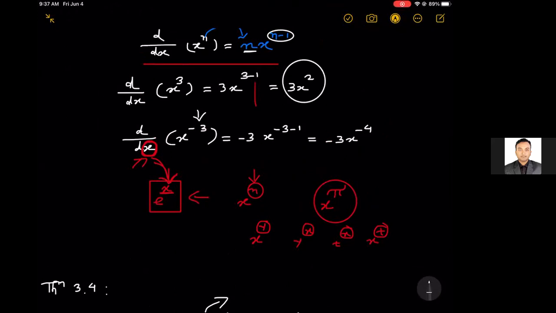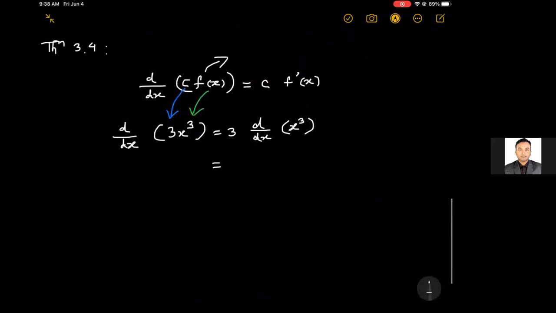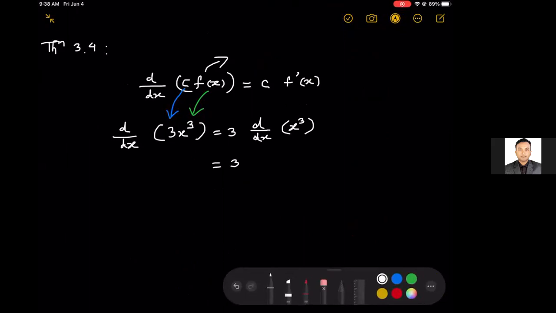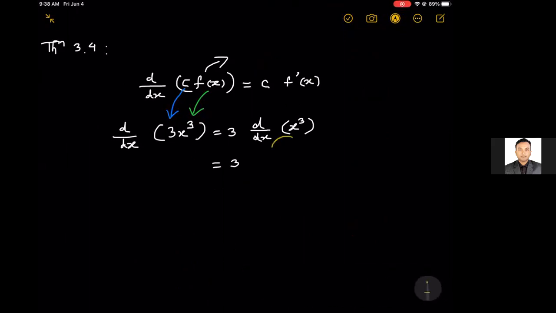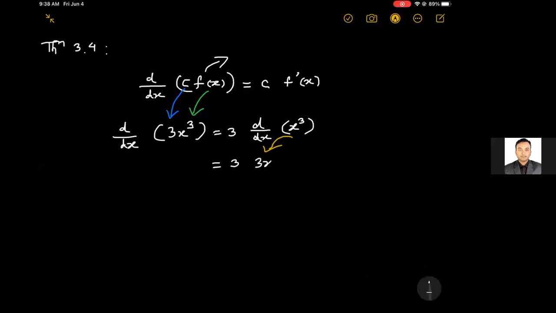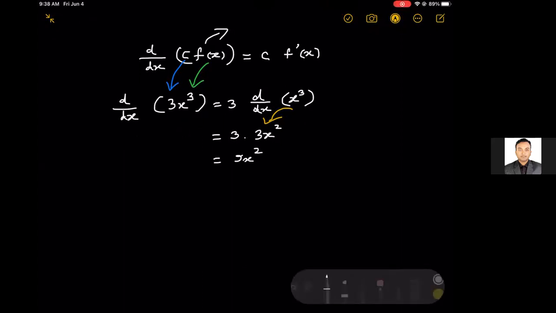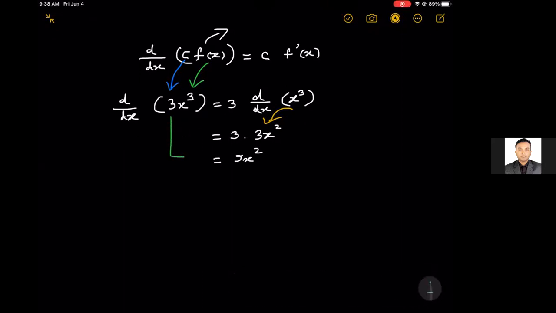Using the power rule. Oops, what's this red line? Sorry about that. So we know the derivative of x cubed will be 3x squared. So the product now, if we simplify it, will be 9x squared, and that's the derivative of this function.